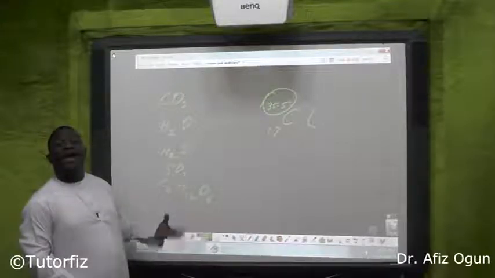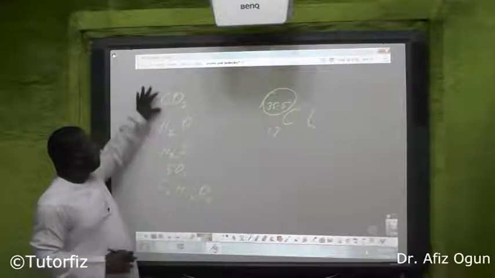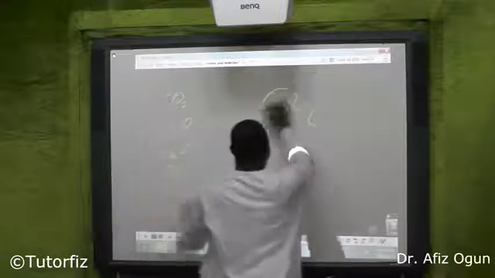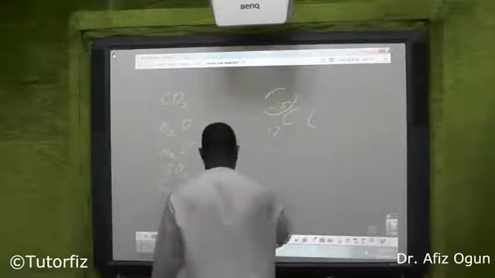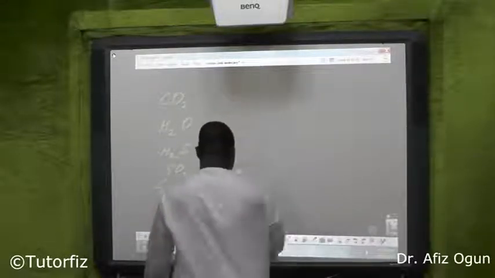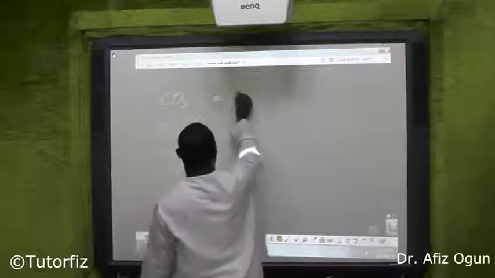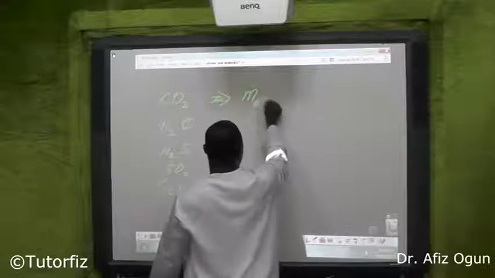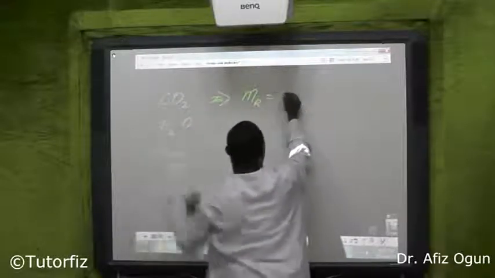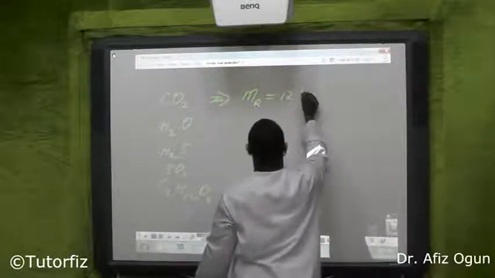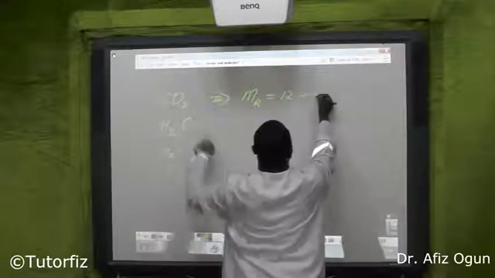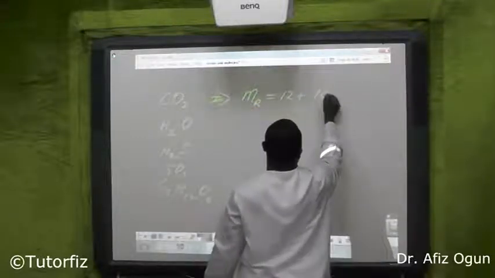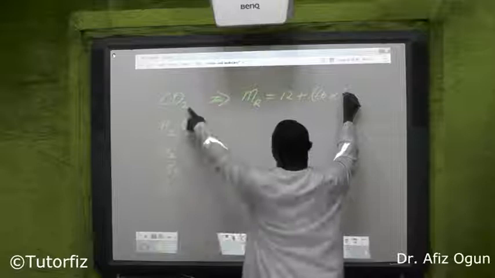Now, how do you get relative molecular mass from this? As I told you, go to your periodic table. Mr for CO2 will be equal to Ma of carbon, which is 12, plus Ma of oxygen, which is 16, multiplied by 2.